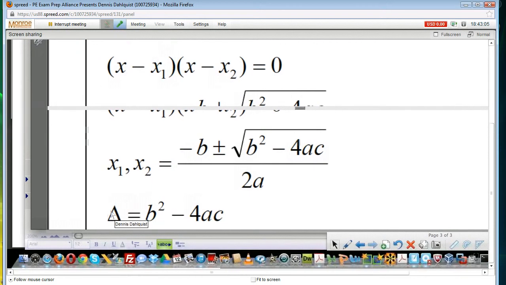And of course under the radical here is the discriminant. One of the key things you want to note is that if this goes negative, you have imaginary values.